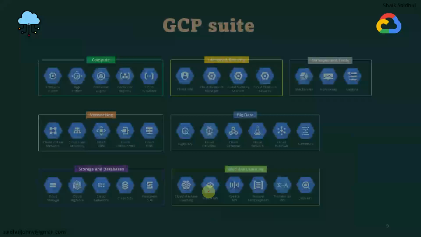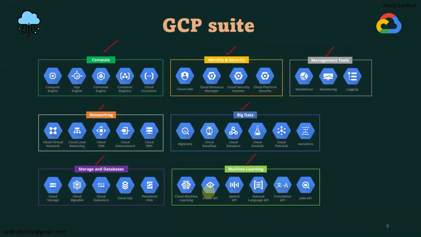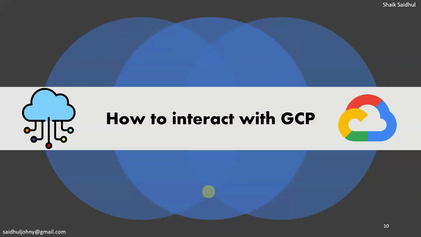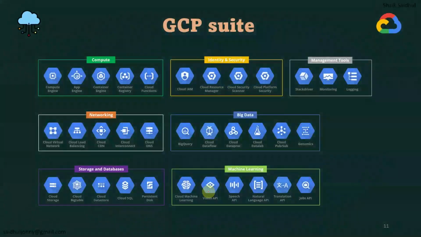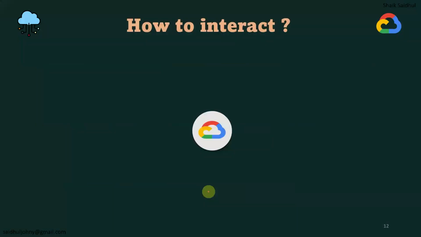Now that you know there are plenty of services in the Google Cloud Platform, if I wanted to work as a data engineer and interact with the GCP services, how many methods are there?